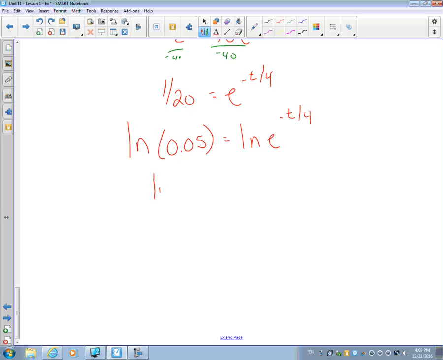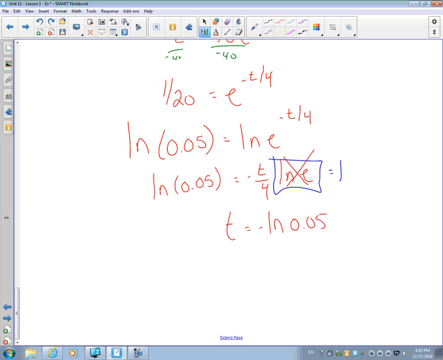Well, we know based on the fact that it's a log law, my exponent can come down in front, and I can put it like this. But I also mentioned that the ln of e always equals 1. So I don't really need this piece anymore. So in other words, the ln of 0.05 equals negative t over 4. Or if I want to solve for t, t could be the negative 4 ln of 0.05.